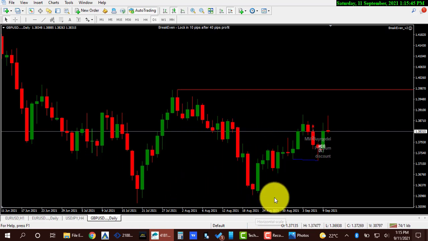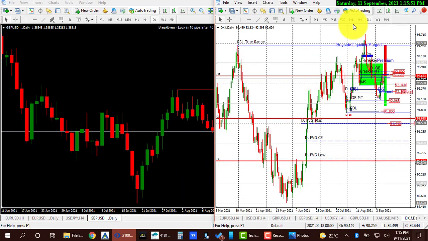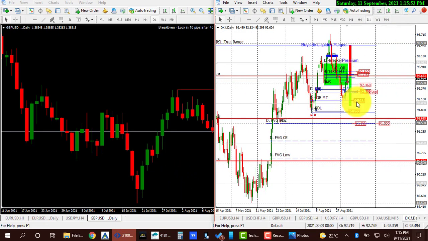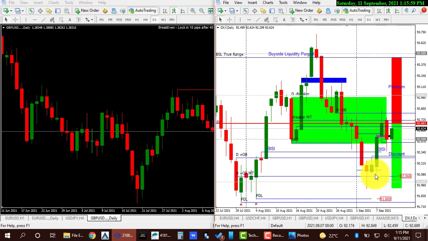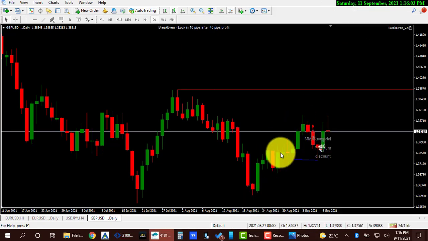So as I'm expecting the dollar index to drop in the coming week to tackle these lows, I'm also expecting the pound and then the euro to be moving much higher.